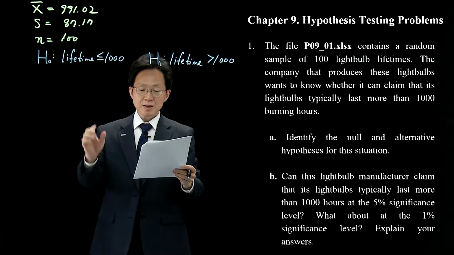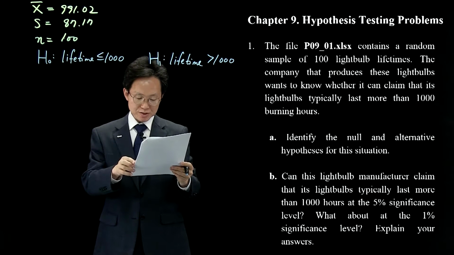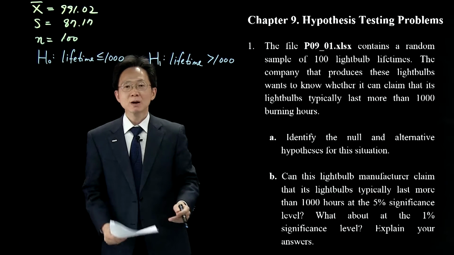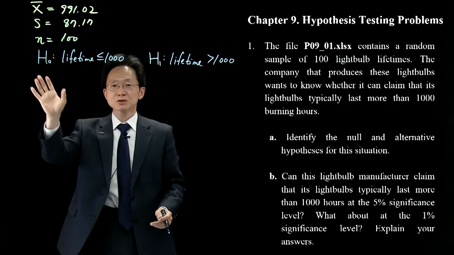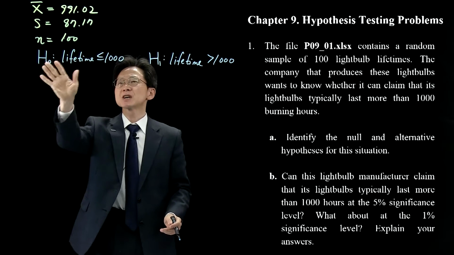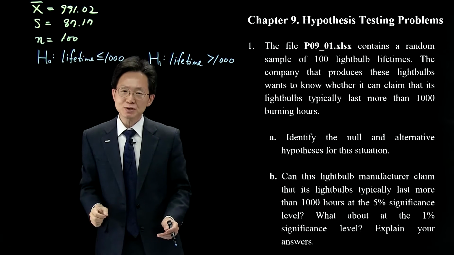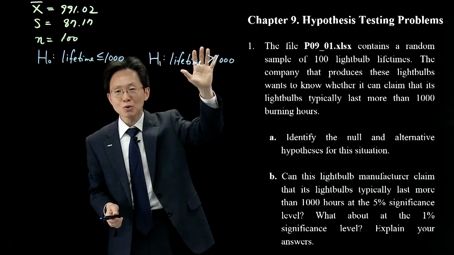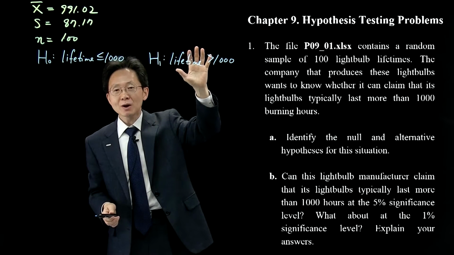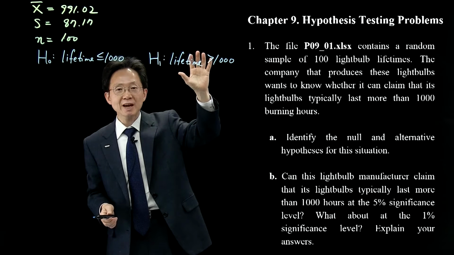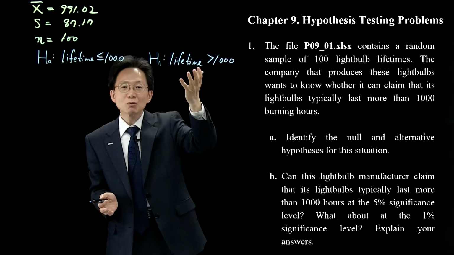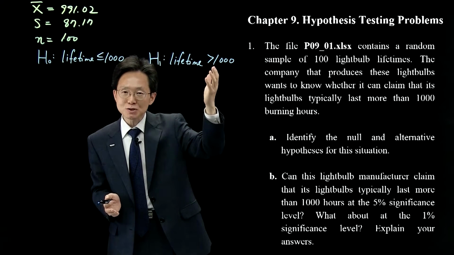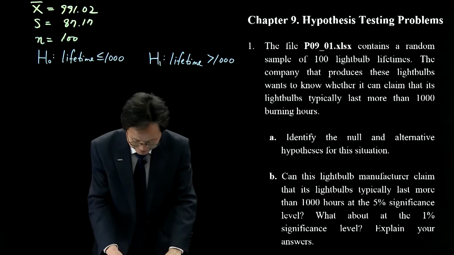Okay? So that's the null hypothesis. And we want to prove whether we can reject this null hypothesis. If we reject this null hypothesis, that implies that we support our argument. So that's a good thing, because I want to demonstrate that the lifetime of my light bulb actually lasts more than 1,000 hours.